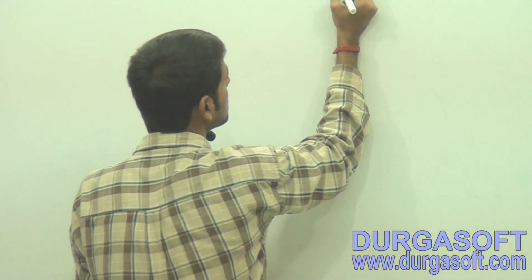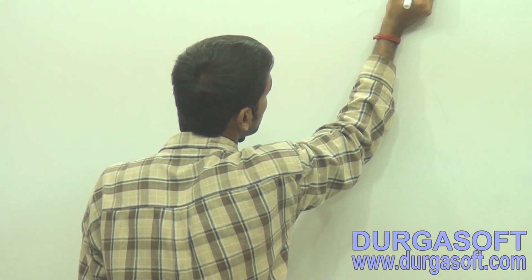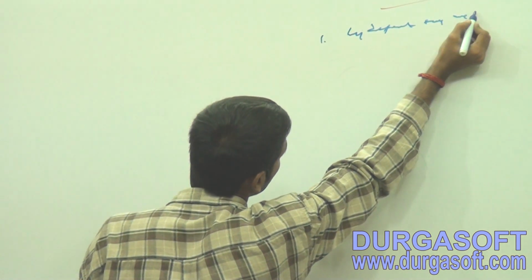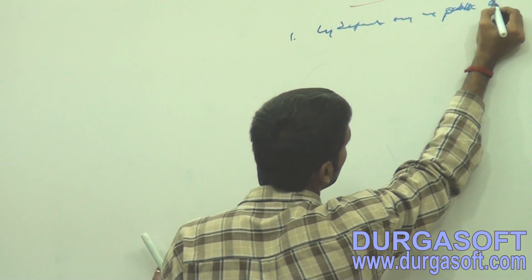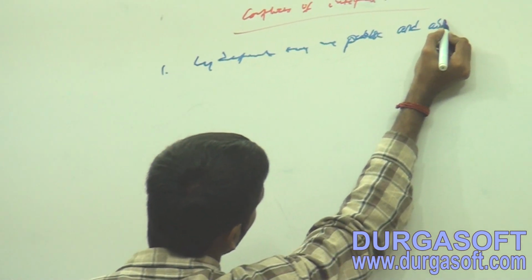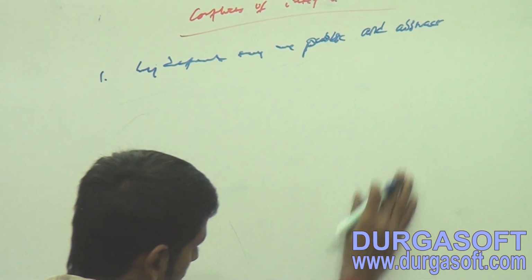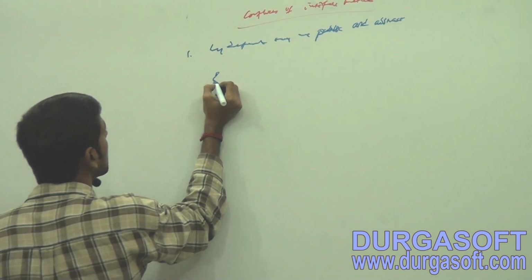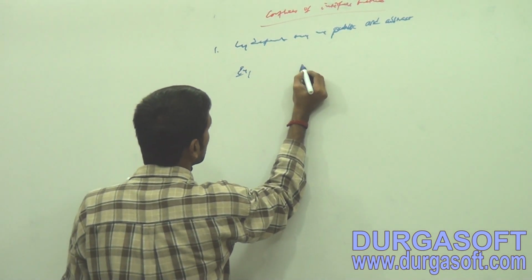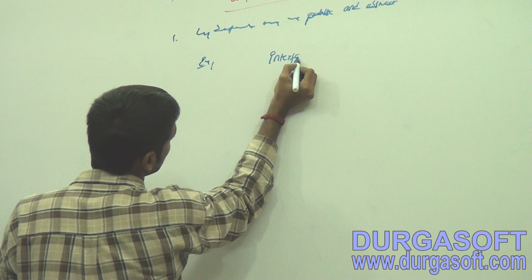Observe here. By default they are public and abstract, whether the programmer declares it or not. Observe the example.